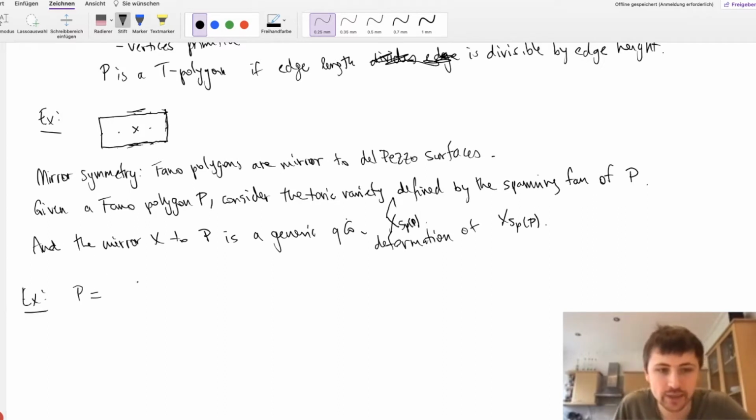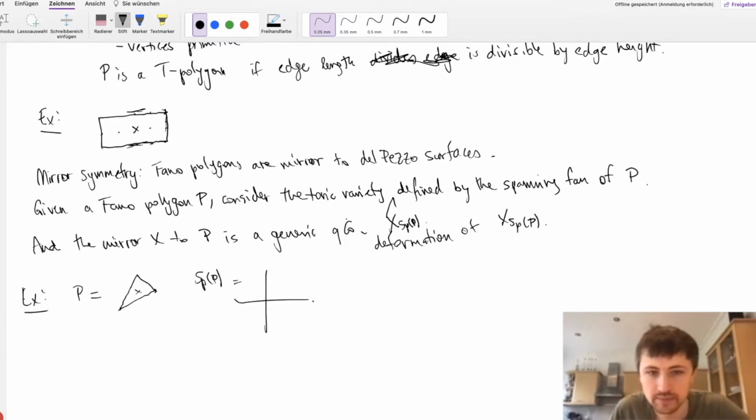Let's take the easiest of all lattice polygons. That one. By the spanning fan, I mean the fan over the vertices of the polygon. So that's this fan here. And of course, the toric variety associated to that is just P2.